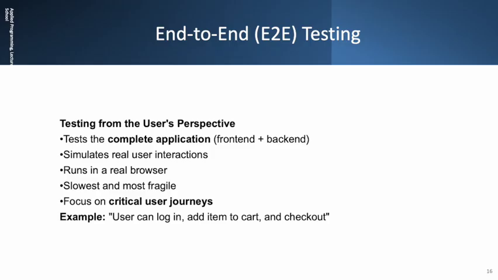From a business perspective, end-to-end tests answer the question: does this application actually work for users? You can have perfect unit tests and perfect integration tests, but still have broken user workflows. Maybe the submit button doesn't trigger the right API call. Maybe the confirmation page doesn't display. End-to-end tests catch these issues.